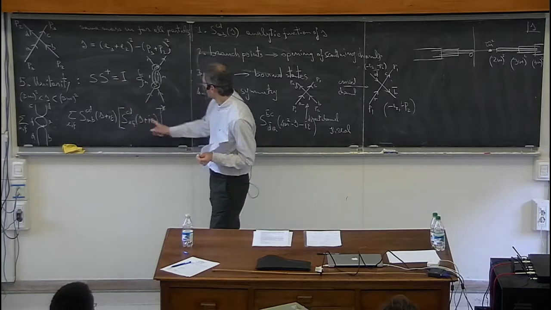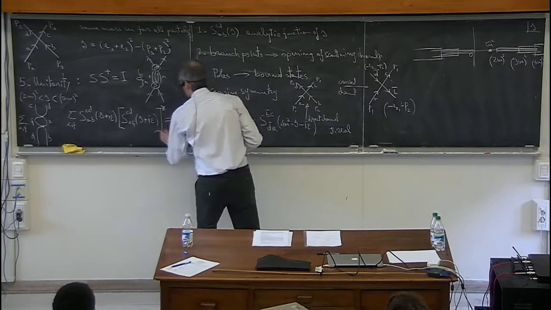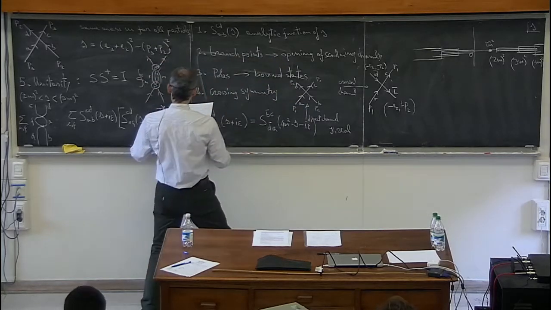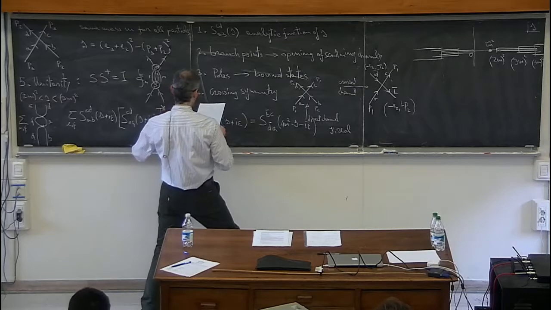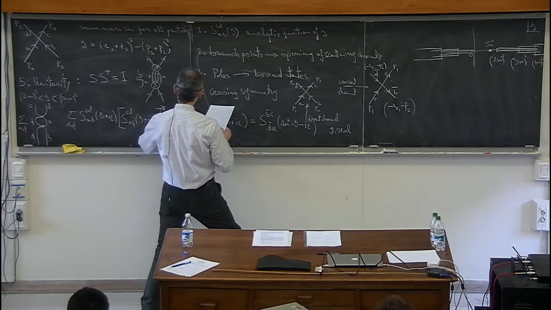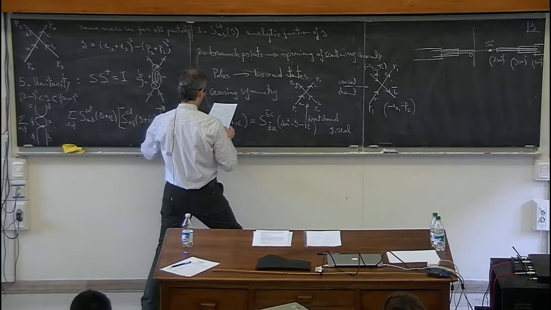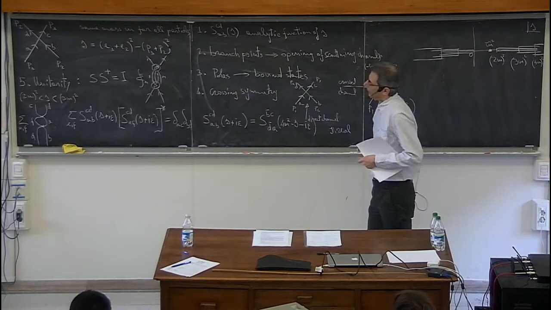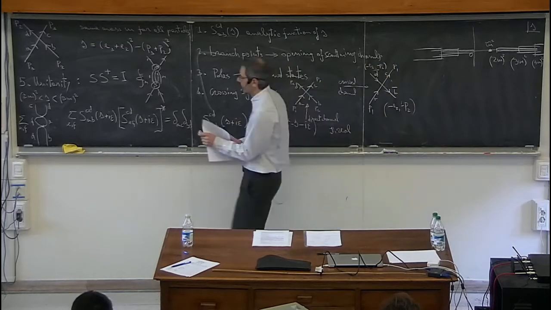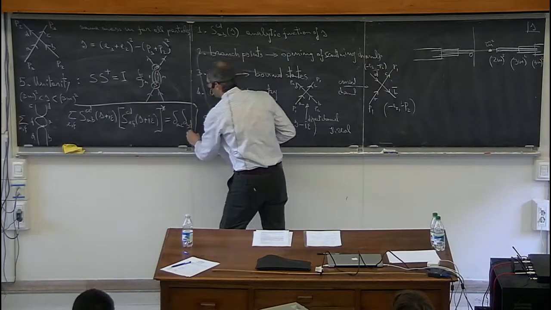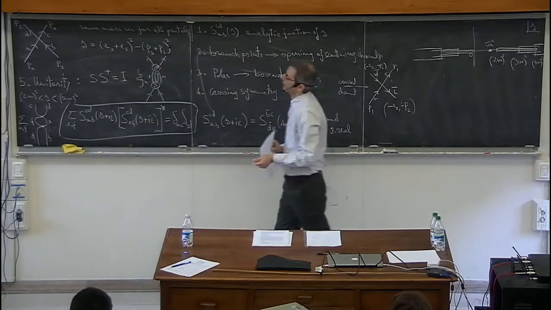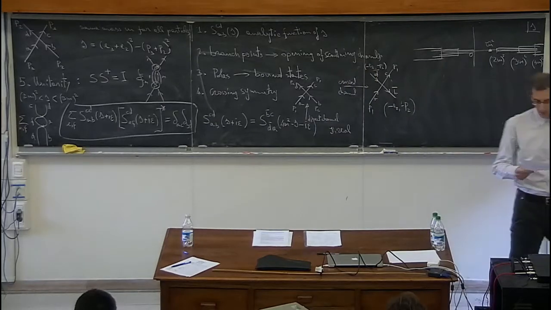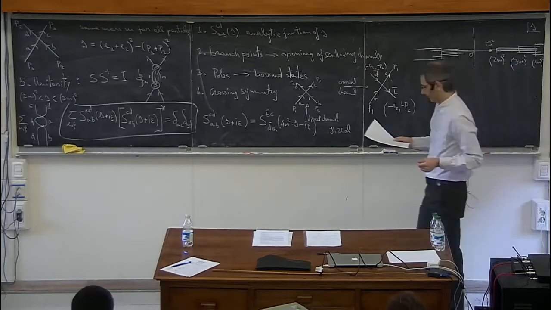So this is transposed and conjugated, and then the identity taken between these two-particle states will be non-zero only if A is equal to C and B is equal to D. So this is how the unitarity equation looks like in this range of energy, and this is actually the only thing we need for unitarity in the following.